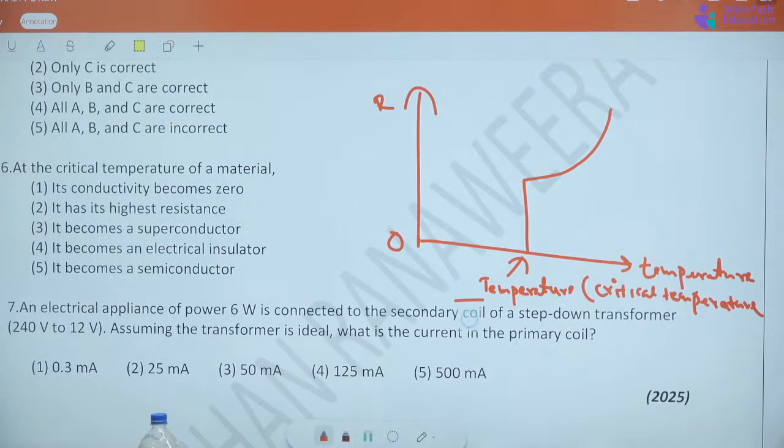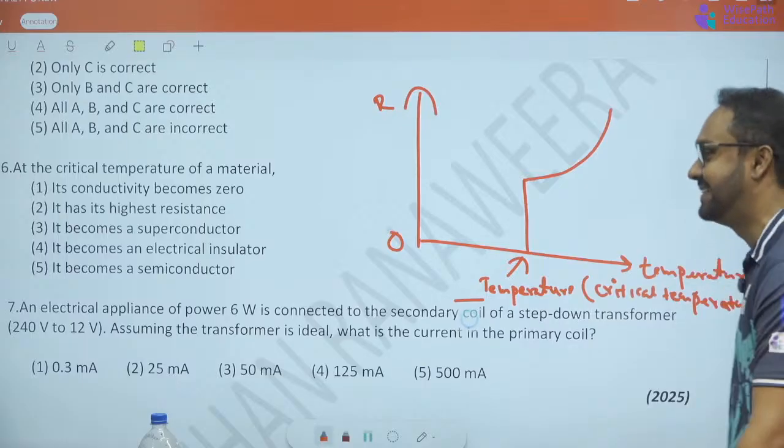That's the theory, right? So the question: at the critical temperature of a material, its conductivity becomes 0. Not the conductivity, the resistance becomes 0.